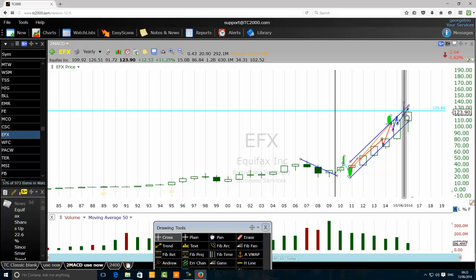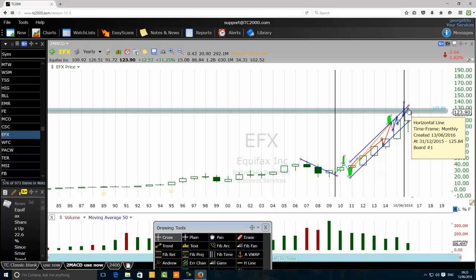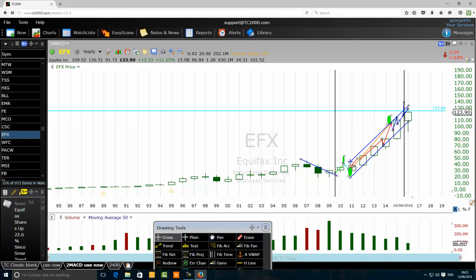Price went up all the way up here. This is it. That's all we have now on the yearly chart. That single wave that we see on the yearly chart has been subdivided into five minor waves on the monthly chart.